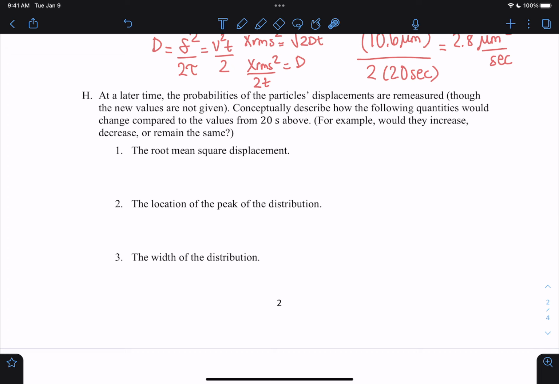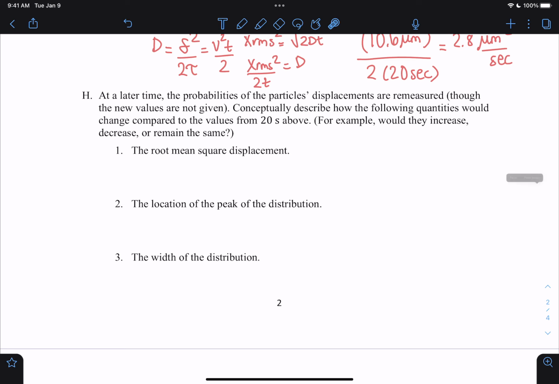How does the width of the distribution change? This was more if you were there in lecture, or if you watched the lecture recordings for Dr. De Jong, then this should be pretty easy. But anyone want to give a shot at part 1, the root mean square displacement? What's going to happen to it?